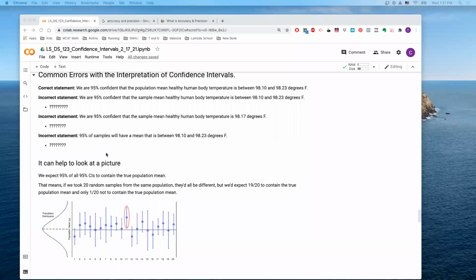So what is wrong about saying we're 95% confident that the sample mean body temperature is between those two values? It's not, I guess I should say it's not wrong. It's not incorrect. It's just not the correct way to talk about a confidence interval.